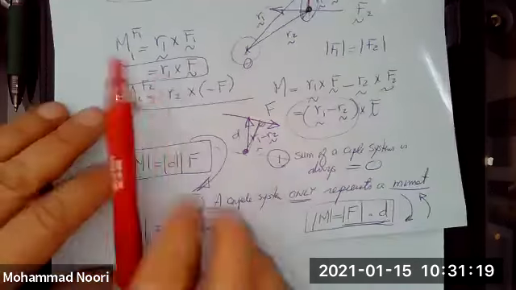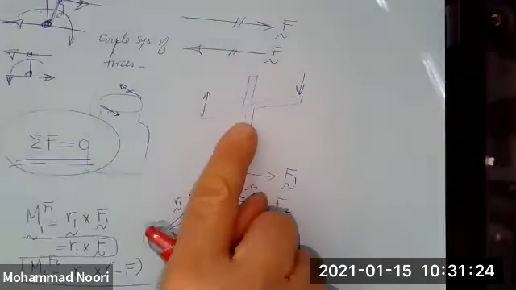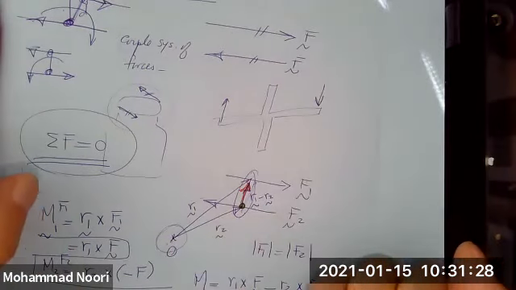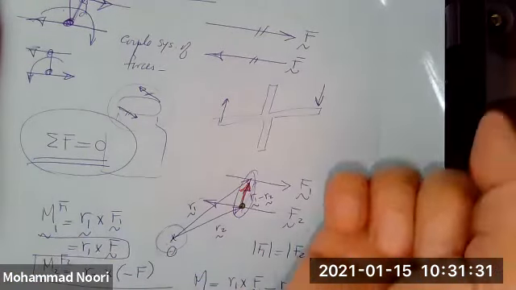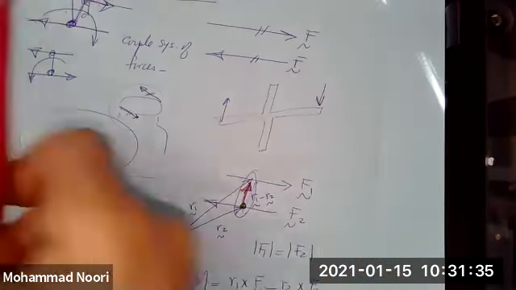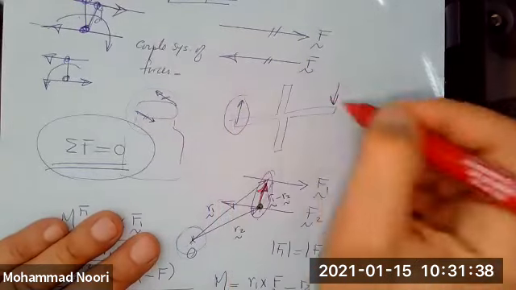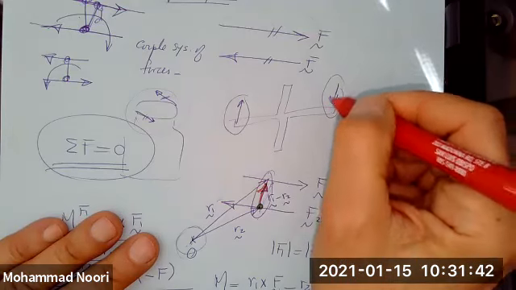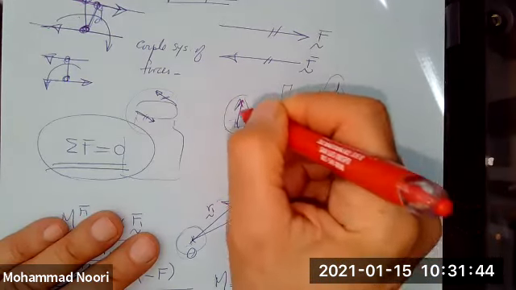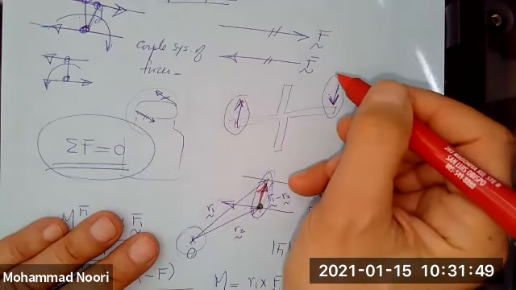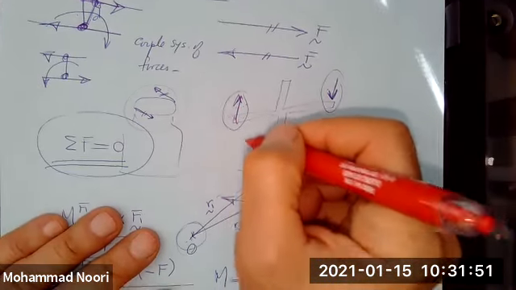Let me give you an example. This is a good example. You want to loosen the bolts on the ring of your tire, right? Regardless of where you put them, as long as the distance is the same and the magnitude is the same, it doesn't matter where you put it.